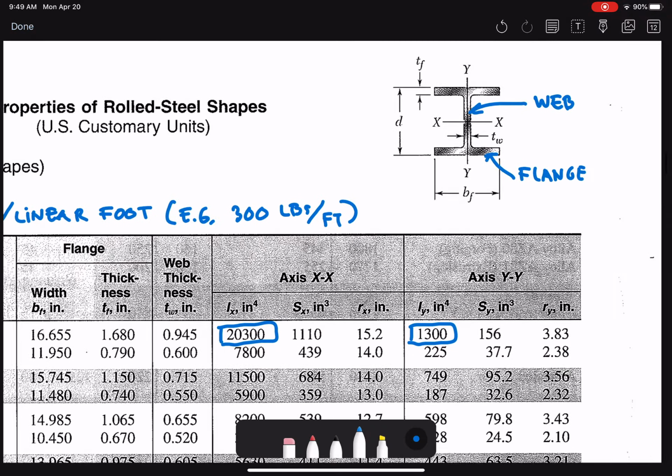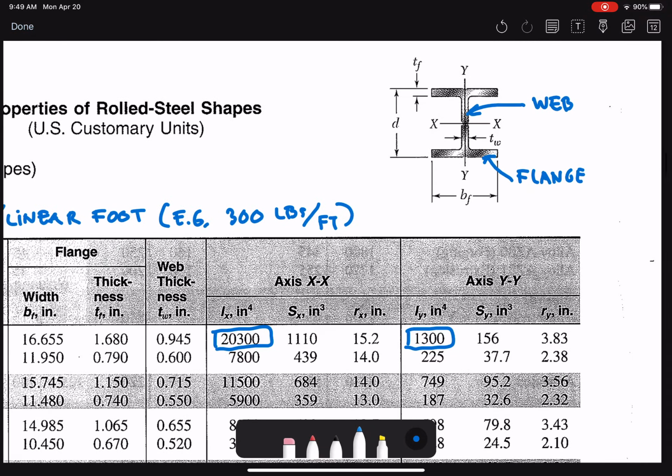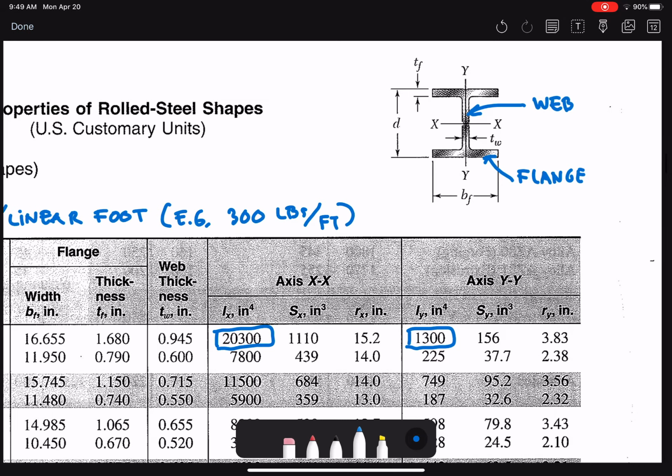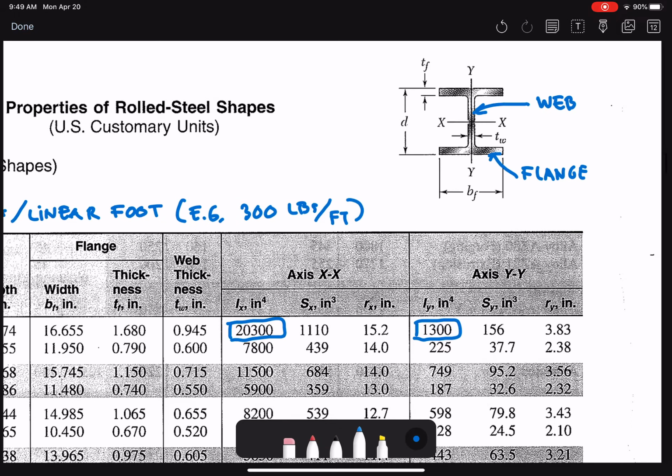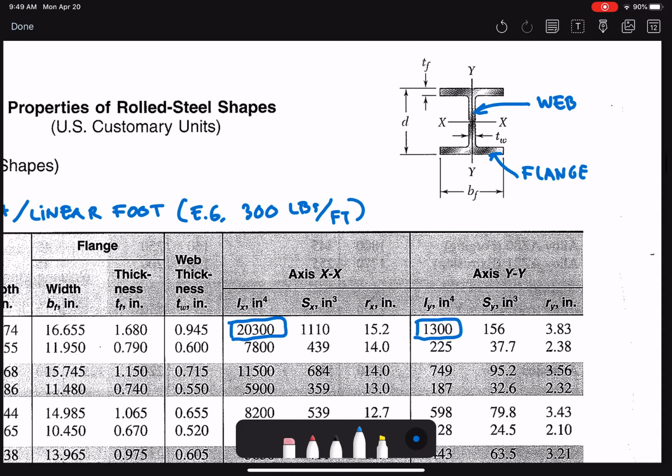For this cross-section, the area moment of inertia about the y-axis is very small compared to the x-axis. If we use that for a column, this column tends to buckle about the y-axis, not the x-axis, because the critical load in the Euler buckling equation is proportional to the area moment of inertia. That's why it buckles about the y-axis.